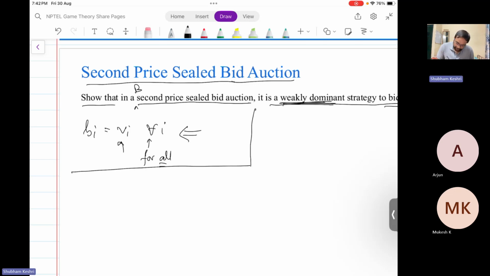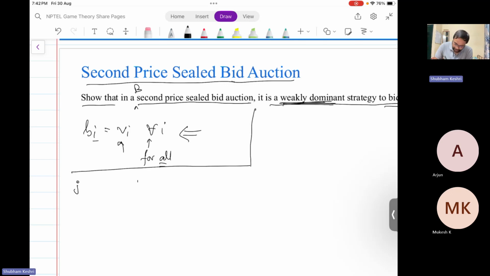You see, when I talk about player i, we are talking about a specific player. So let me write capital I or something. For a specific player, I'll say J, a player J. So when I'm writing i, it is for all other players. When I'm writing j, I'm talking about a specific player. Okay, so player j. Or we can fix player 1 also, doesn't matter.